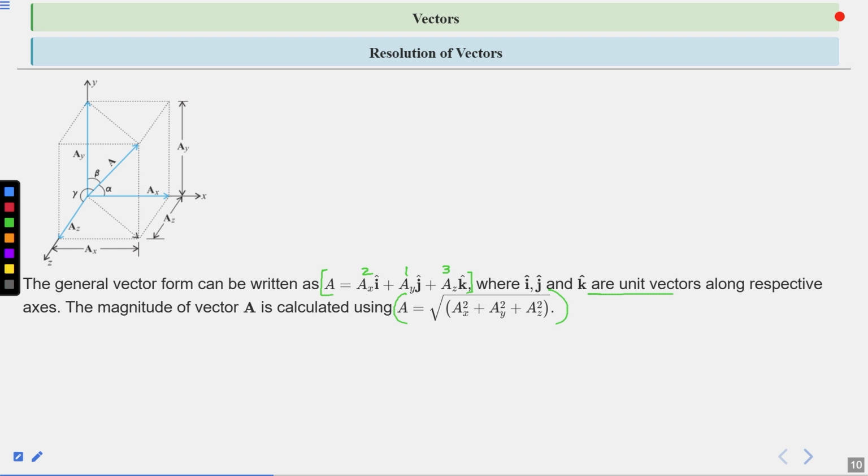Using the formula A is equal to under root Ax square plus Ay square plus Az square, just substitute the values in this relation and you will get the magnitude of A. Ax is 2, so it will become 4, plus Ay is 1, so it will be 1, and Az is 3, so it will become 9. So root 14. Yes, correct answer: root 14.